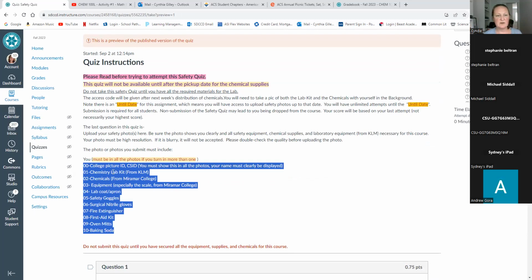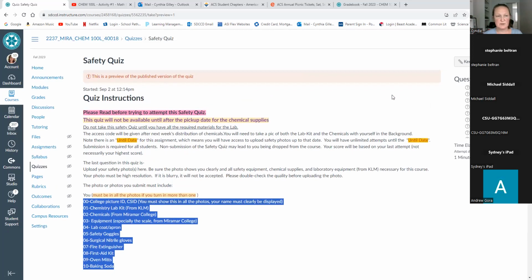So once you've gathered all of your supplies, including some sort of picture ID, you're going to take some pictures of you with your safety equipment on, your lab coat, your goggles, and having everything that you need, this entire list and the kit and everything. So that's the last question, to upload some pictures. So make sure you've collected everything. And once you've done that and you've watched the safety video and read the safety information, you can take this safety quiz, which is due in 2 days.